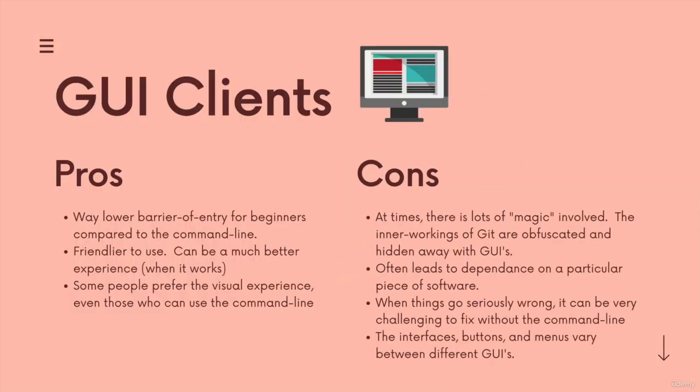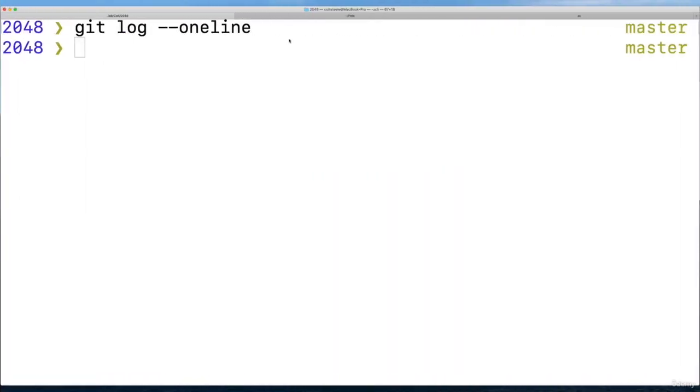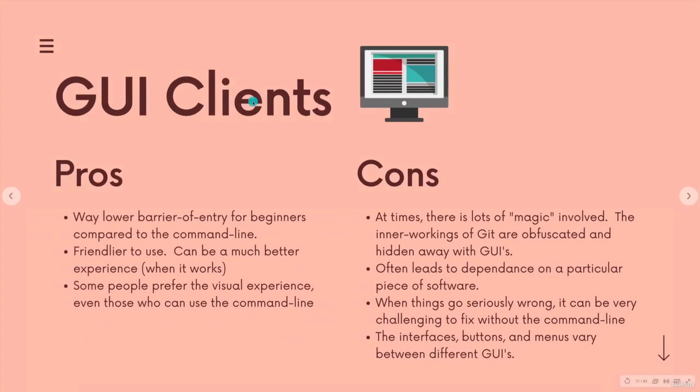So I'll just quickly run through the pros and cons. Using these graphical user interfaces, there's a much lower barrier of entry. That's always great. Friendlier to use, can be a much more positive experience. And some users who are experienced with the command line may still prefer the visual experience of a GUI. Now, some of the cons are that there's a lot of magic involved with graphical user interfaces. Some of them really obfuscate or abstract away what's happening behind the scenes.